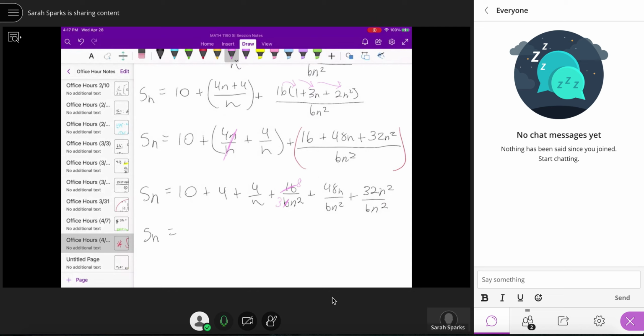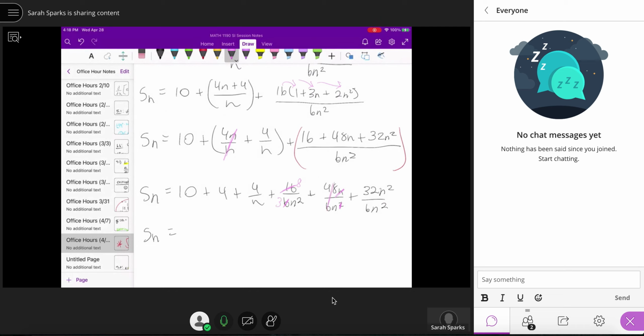And then we can simplify that n, get rid of 1 power of n on the bottom. 48 divided by 6 is... I can't tell. I think it's 8. Yeah, it's 8.